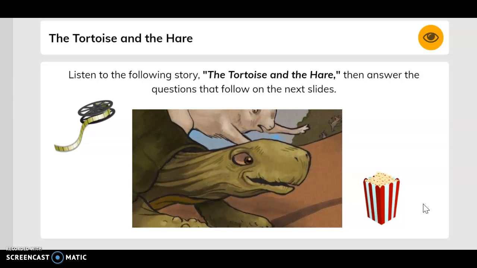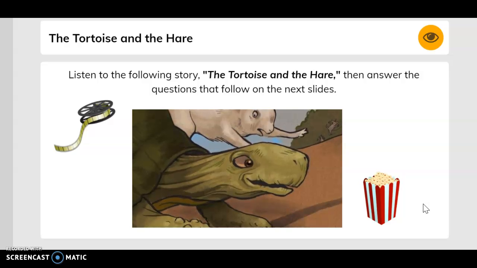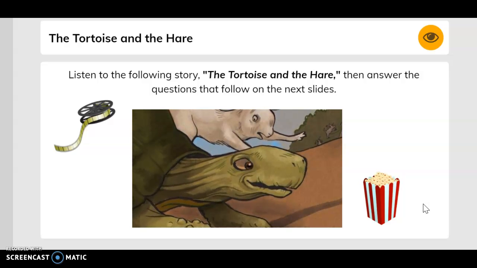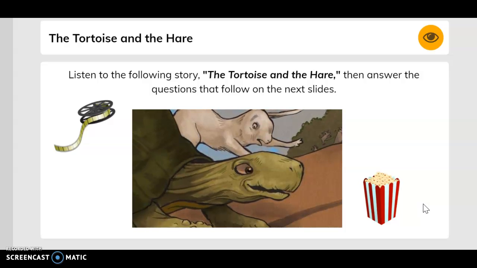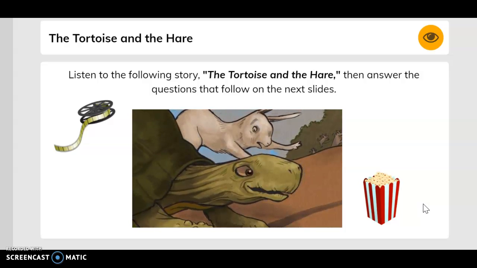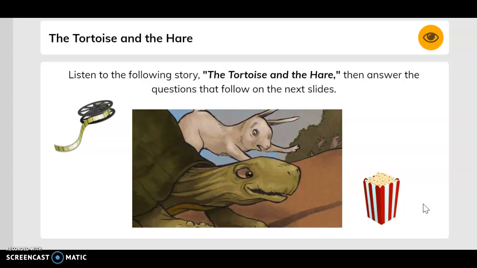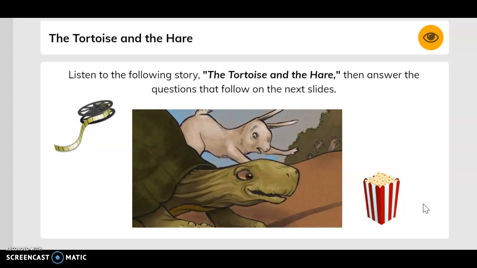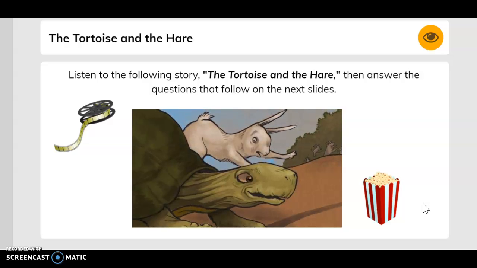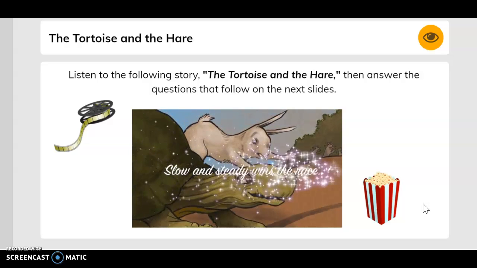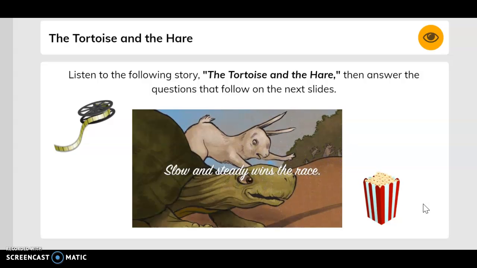That was when the hare woke up from his nap. He realized what had happened and set off running for the mountain as fast as he could. But it was too late. The hare arrived just in time to see the tortoise crossing the finish line before him. So, the moral of the story is, slow and steady wins the race.